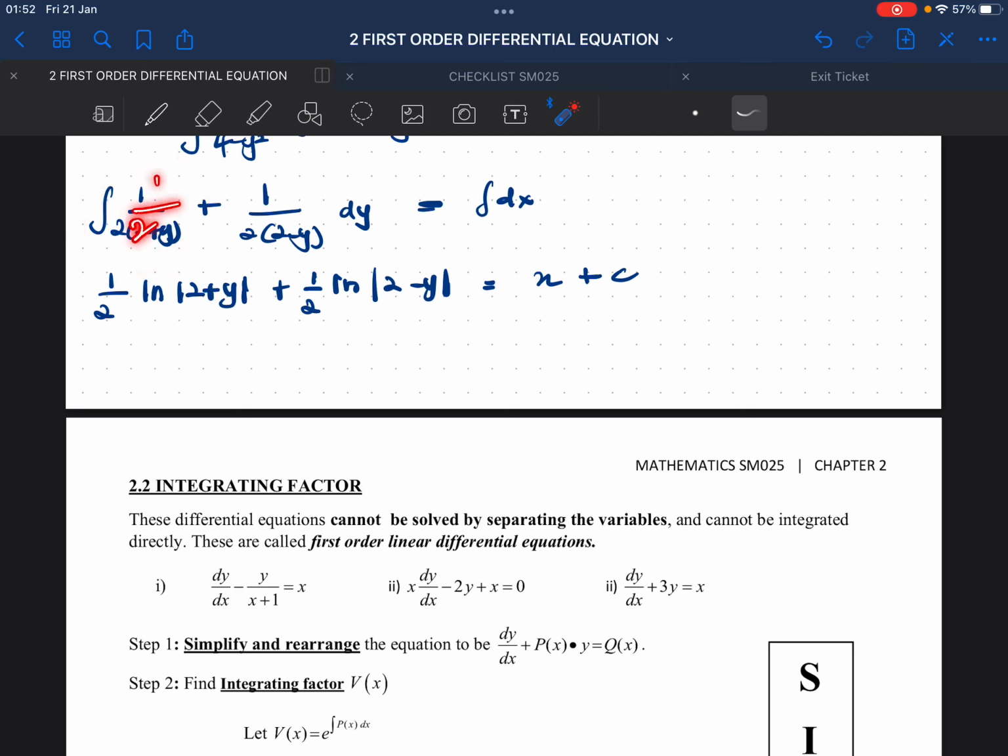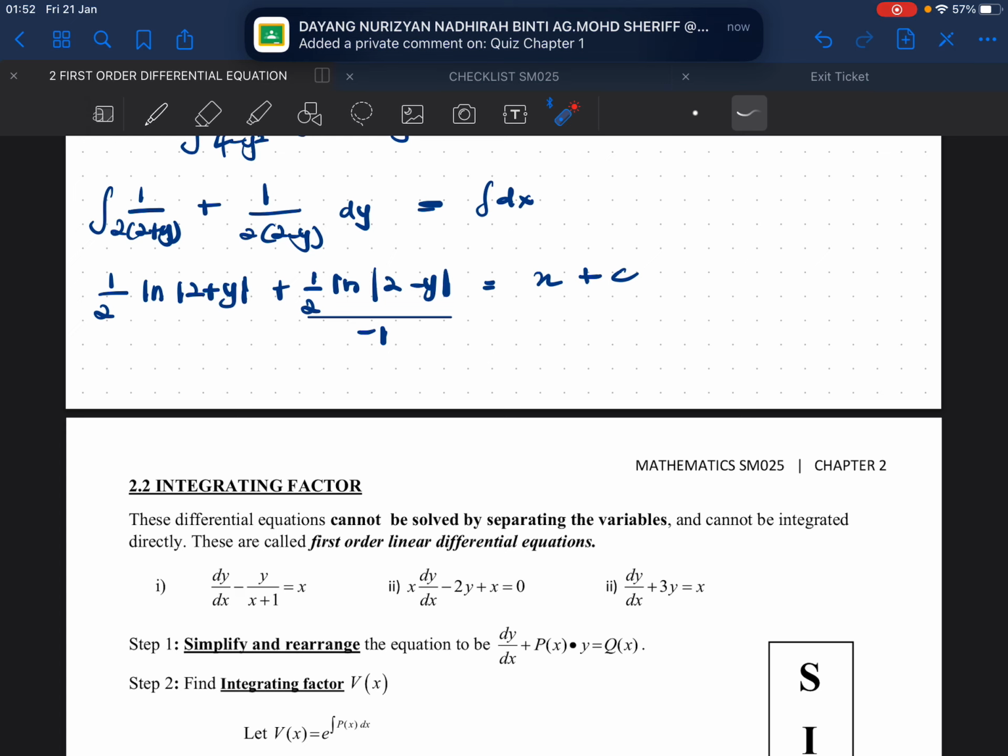Integrate 1 over 2 plus y, we get ln 2 plus y. But for this one, 1 over 2 is a constant. But integrate 1 over 2 minus y, we get ln 2 minus y. But remember, you have to divide by differentiate dalam. Okay, which is differentiate 2 minus y, we get negative 1.